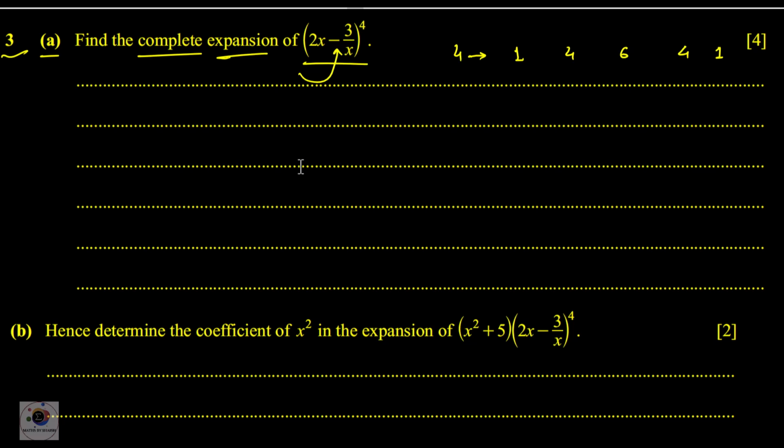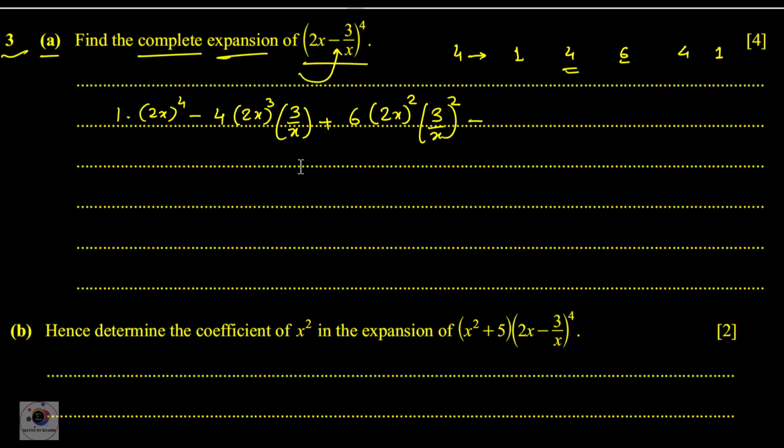So it is going to be 1 times 2x to the power 4, then minus 4 times, because that's the second value, 4 times 2x to the power 1 less, 3, and the second is 3 over x, plus this next value which is 6, and this is going to be 2x to the power 1 more. Again, one gets lesser, another one gets bigger, so it is going to be power 2, and here it is going to be 3 over x to the power 2.